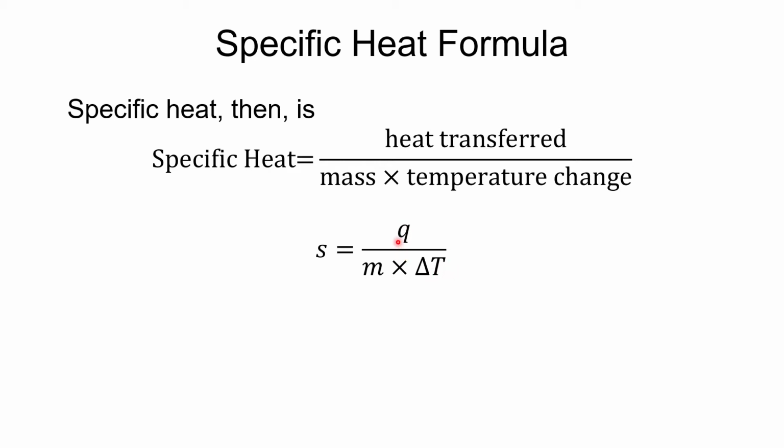We saw this earlier when we were looking at heat energy earlier in the chapter, and the equation was Q is equal to M times S times delta T. I believe in your textbook it lists specific heat as C sub S. So it is a little bit different in your textbook, but most textbooks will use S.